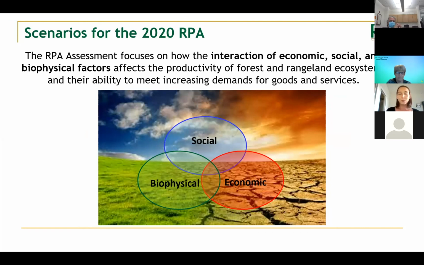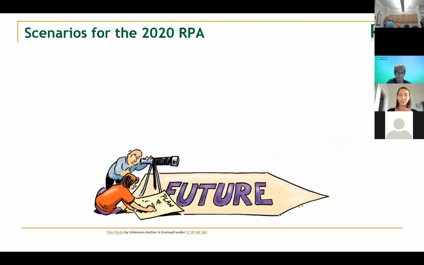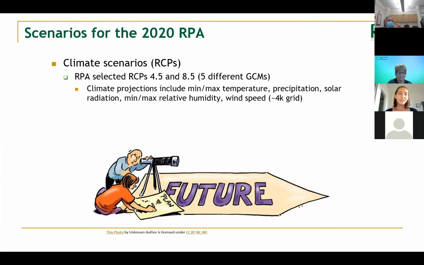And so to do those projections into the future, the RPA has developed a set of scenarios to get a feel for the range of different possible futures. And so what the scenarios incorporate are two different elements, both coming from the IPCC. First, incorporating climate into our future scenarios using the representative concentration pathways, RCPs, 4.5 and 8.5, to capture that climate and biophysical element.